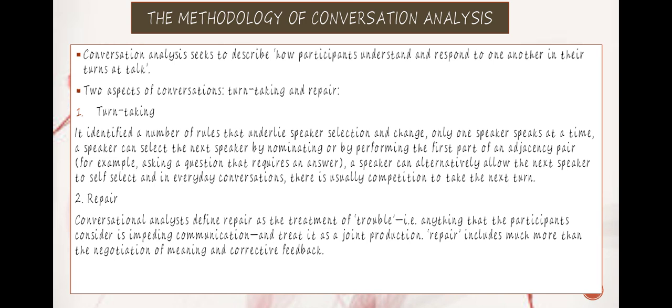Repair is the treatment of trouble, for example, anything that the participants consider is impeding communication, and they treat it as a joint production. So repair includes much more than negotiation of meaning and corrective feedback.